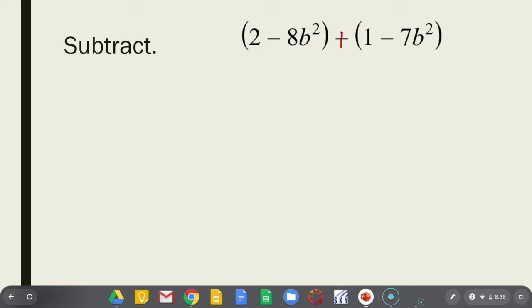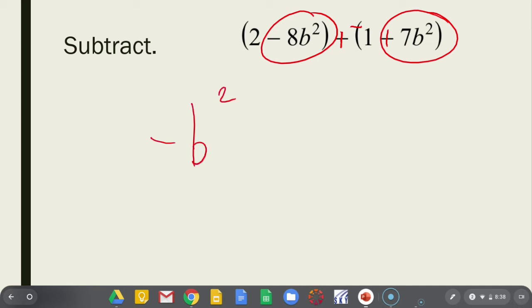Subtraction sign. Add the opposite for everything inside the polynomial that's being subtracted. B squared. That's negative 1b squared plus 1.